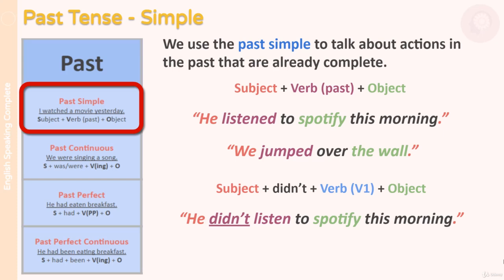Now, a common mistake some students make, even quite fluent students, would be to add an ed onto our verb listen. He didn't listen to Spotify this morning. Of course, that would be incorrect, although completely understandable why students would do this, because sometimes we can overuse a rule.